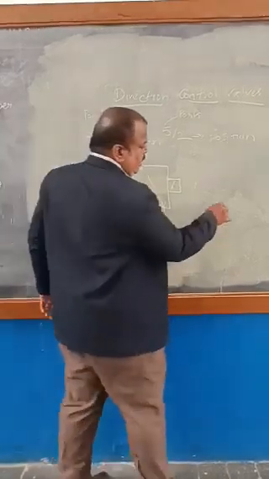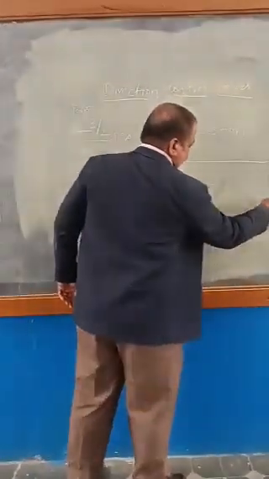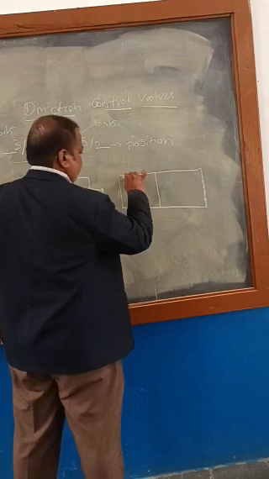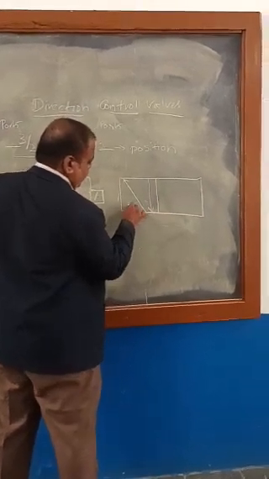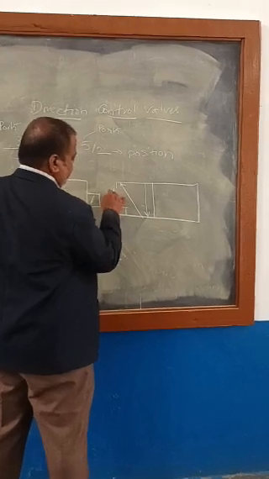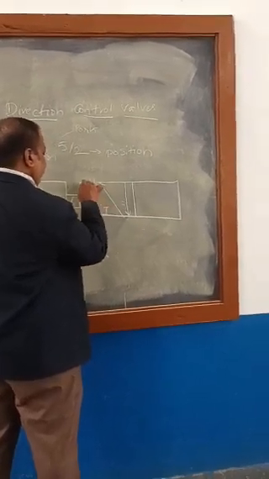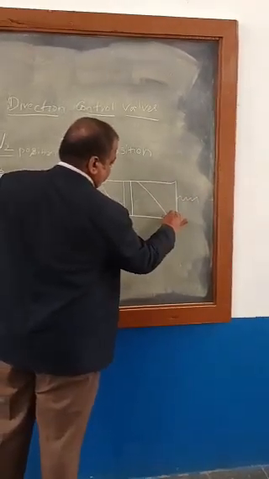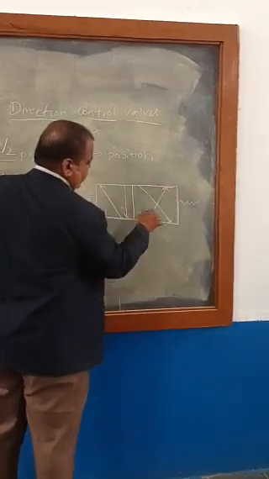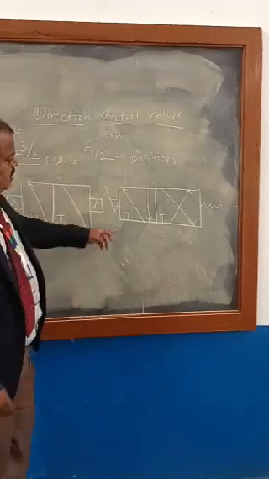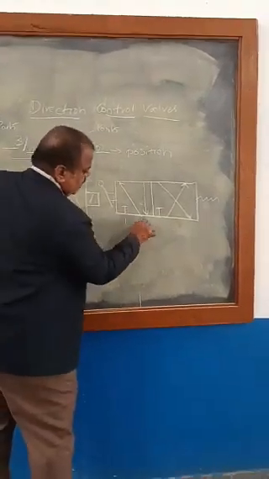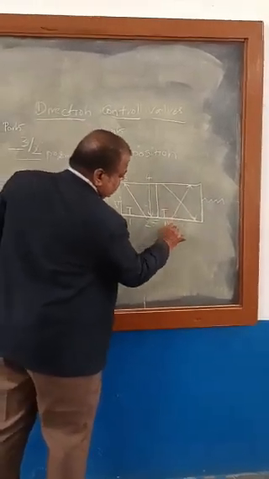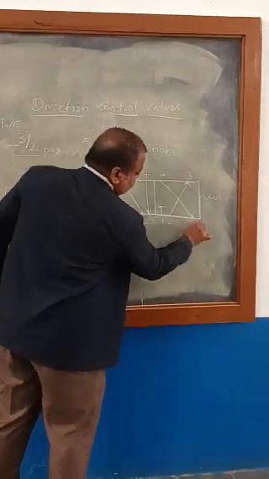Similarly, if you see the 5x2 direction control valve, okay, so this is the 5x2 direction control valve. Here is the first port, the second port, the third port, the fourth port, and the fifth port.